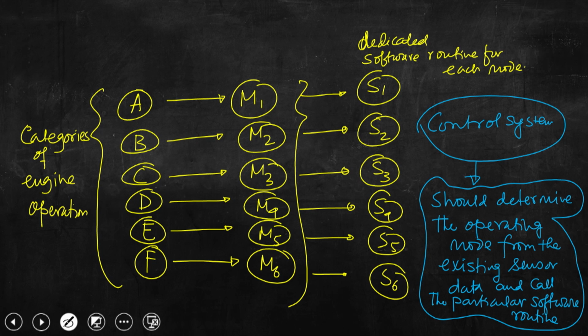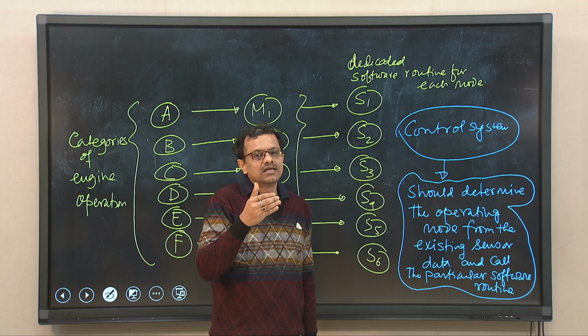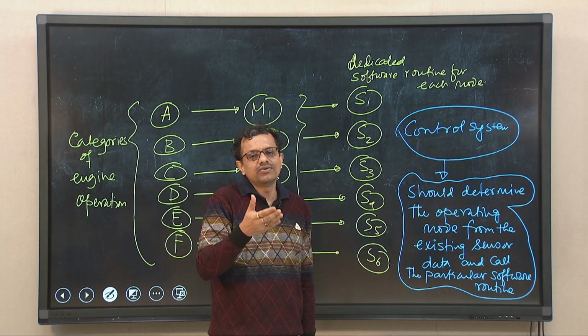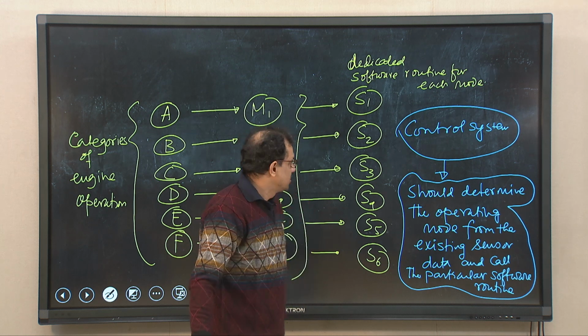If we switch on the ignition key, that means we are trying to start the engine. The software routine will allow the mode control logic, or MCL, to select a particular mode of operation, and that mode should map to the scheme, and that scheme should be able to supply a rich fuel air ratio to meet the requirement during that particular condition, right.